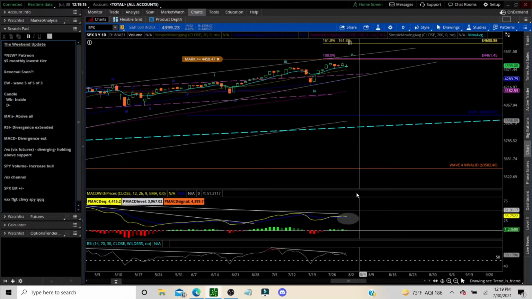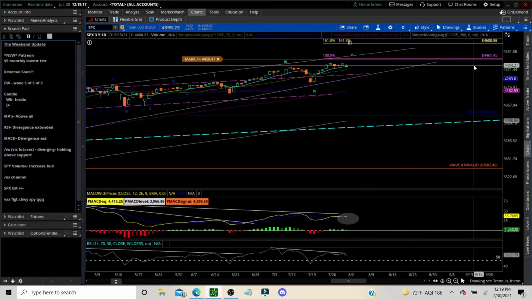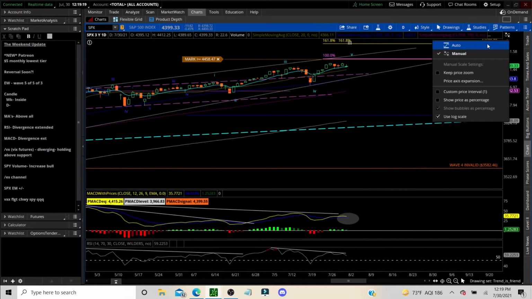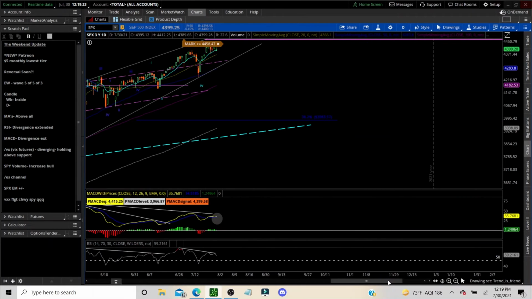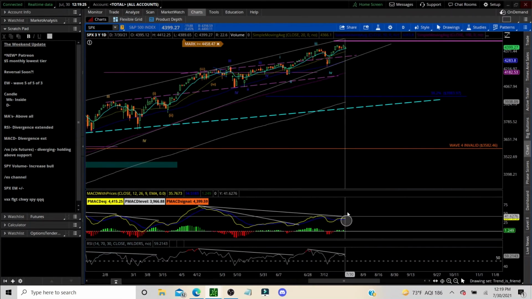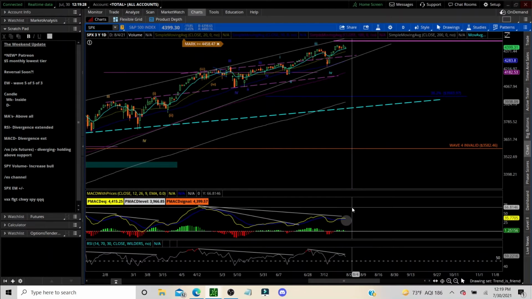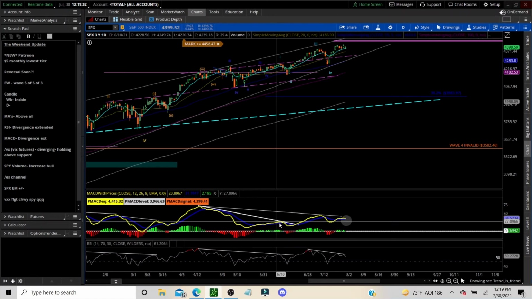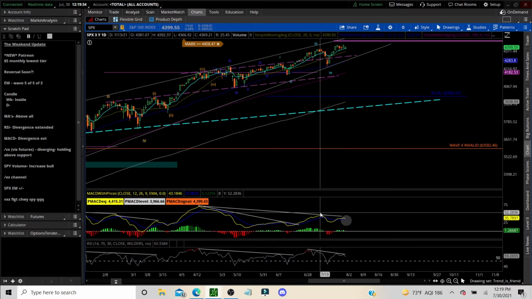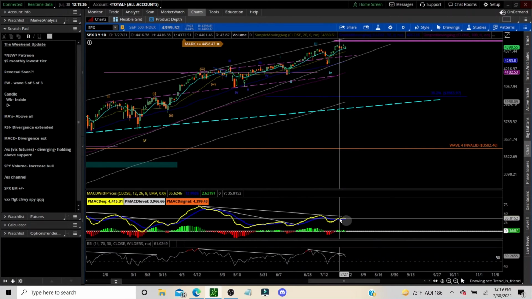Divergence is extending. The reason I'm choosing this scenario is because of the divergences. We could burn through those divergences to the upside. That's what we have to keep an eye on. We're making a higher high, higher low, higher high, but now we're making a lower high at this point.